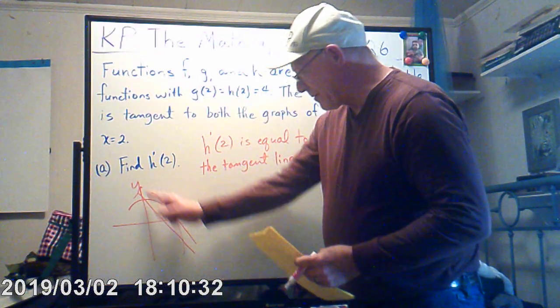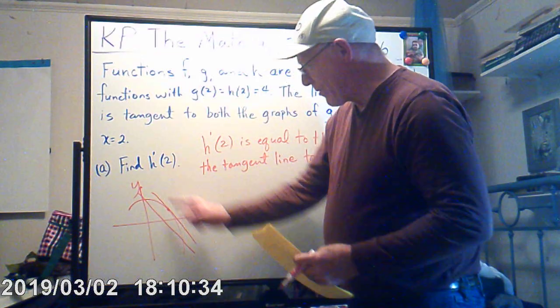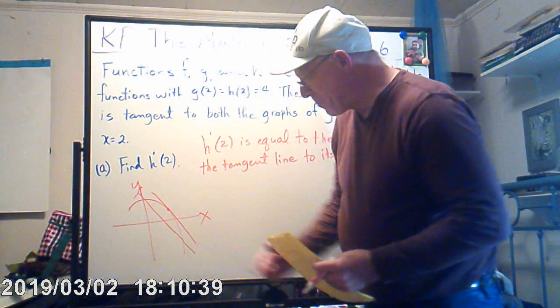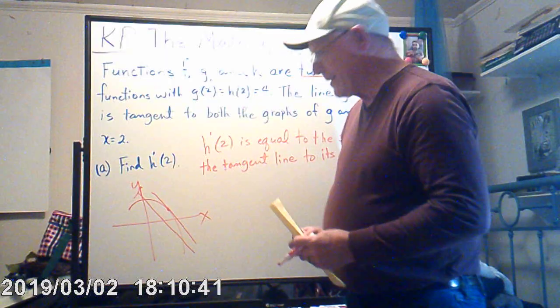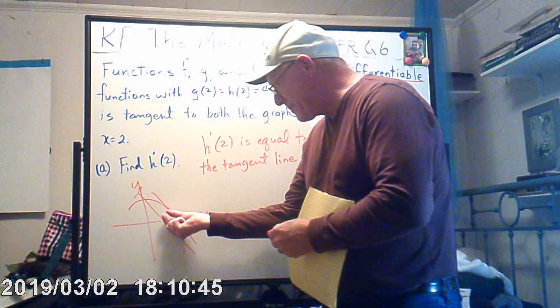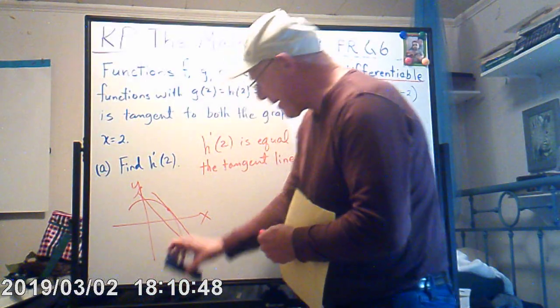The slope of the secant line approaches the slope of the tangent line, and eventually they come together.